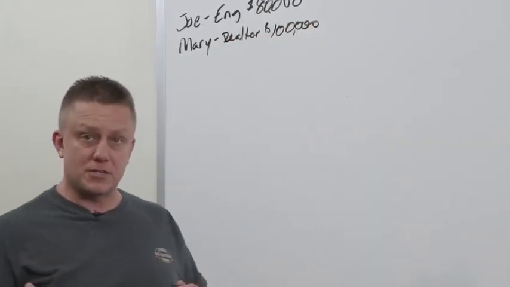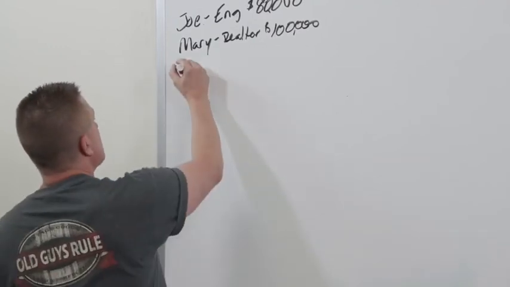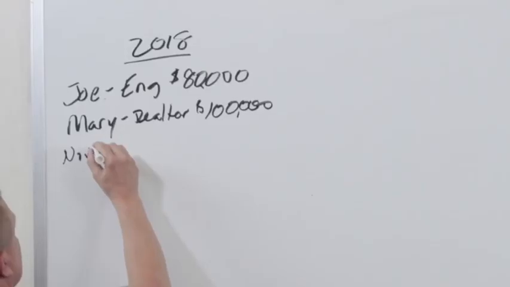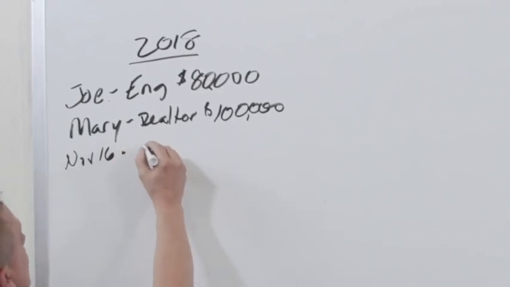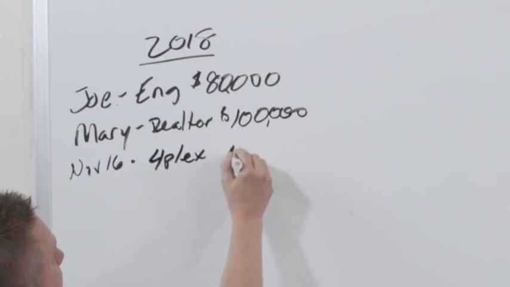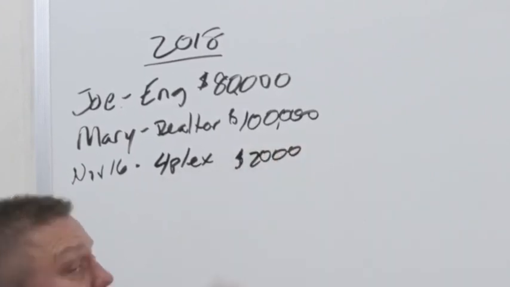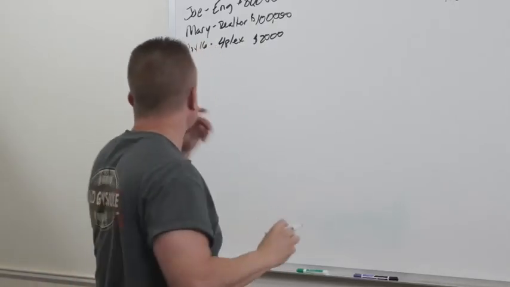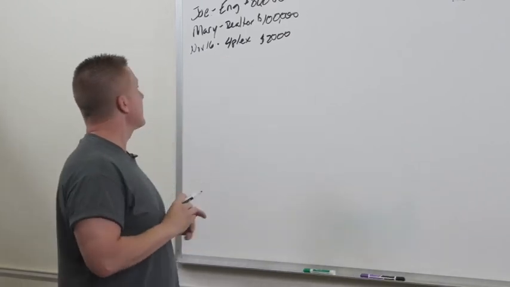That's after expenses. Good job, Mary. Right? Also, in November of 2016, Joe and Mary bought a fourplex. Right? And each unit, they make $2,000 a month in rent on this fourplex. Okay? So this is their story.